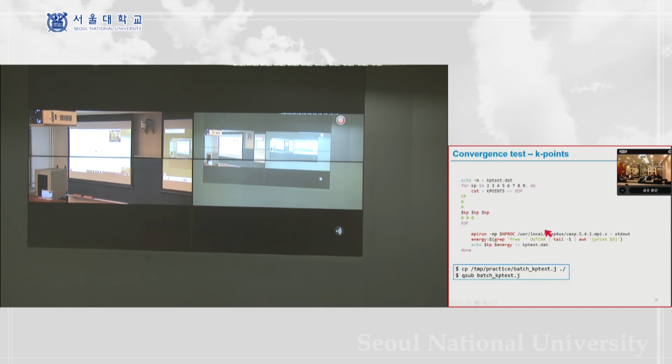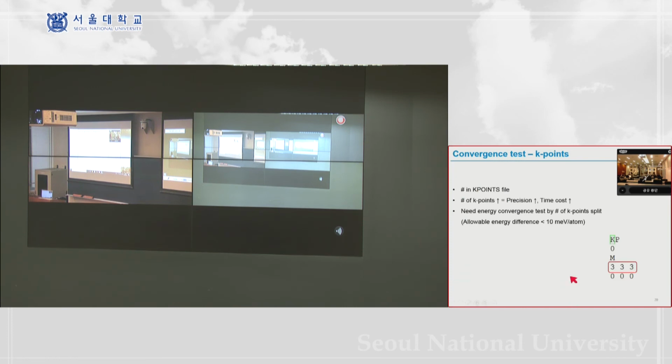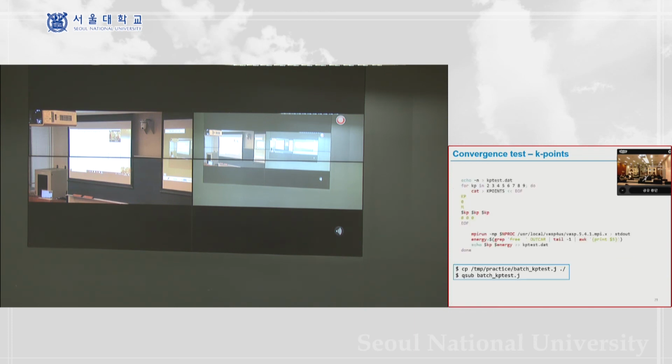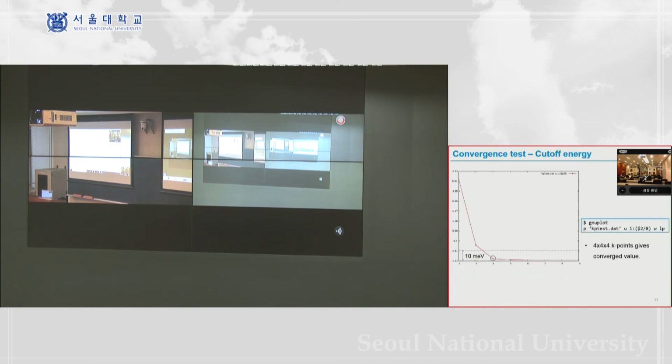You can do it manually by changing these numbers in the KPOINTS file and run simulation and get energy, and change this KPOINTS file again and run simulation again and get energy again. If you do this calculation, similarly, you can plot the energy versus the number of K points in one direction.